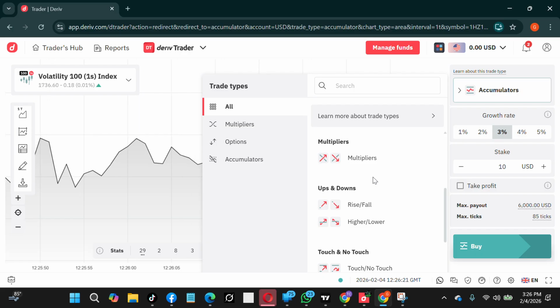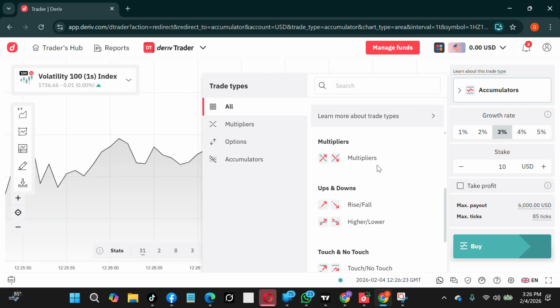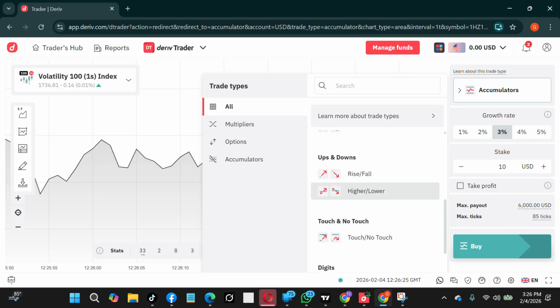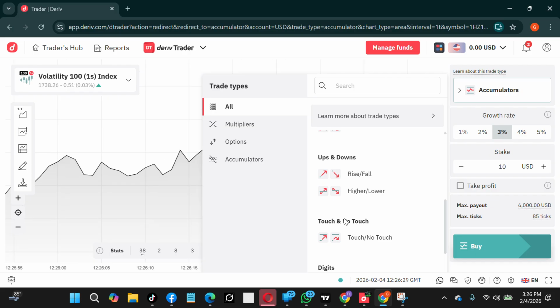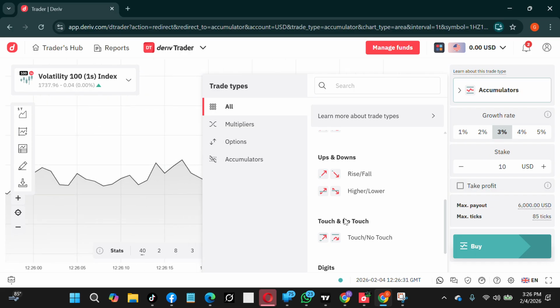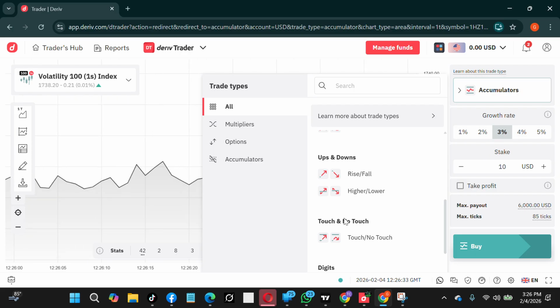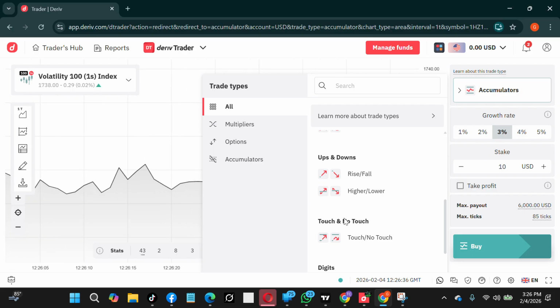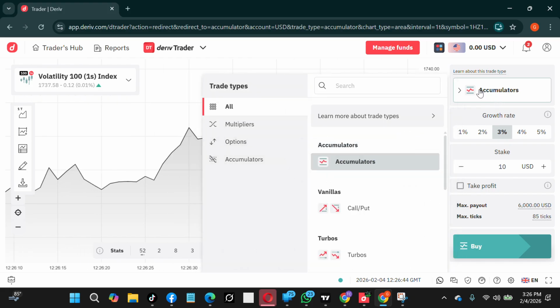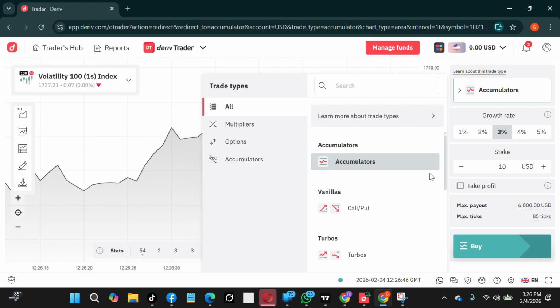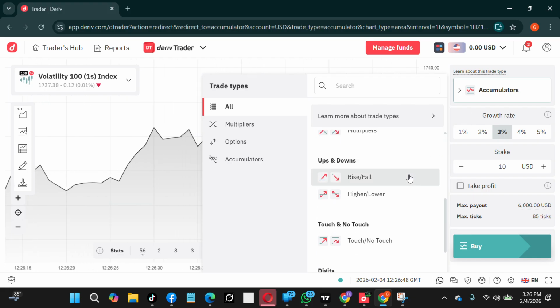Let me use a little Kiswahili. These trade types are the prediction, it's not the market movement, it's not the asset's movement. It's the prediction of how the market will behave in a particular number of minutes or ticks. I'll talk about that. Once you come to these trade types, you are just predicting. This is not the real market.